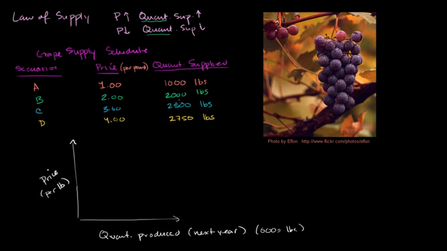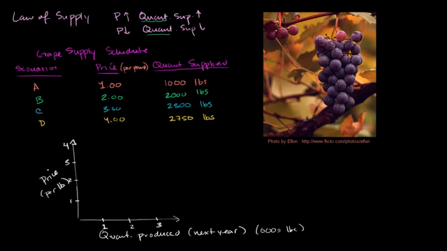And so let's see, we go all the way from 1,000 to close to 3,000. So this is 1,000. That's 2,000. And that is 3,000. And then the price goes all the way up to 4. So it's 1, 2, 3, and then 4.